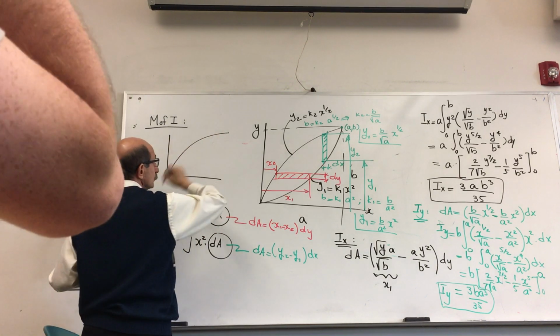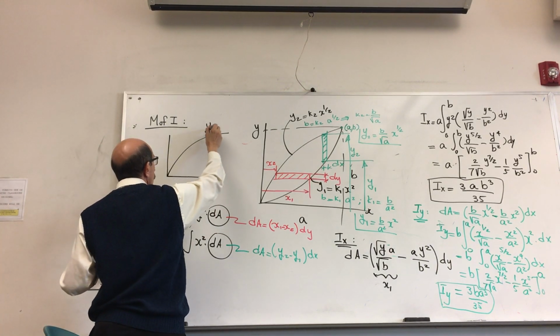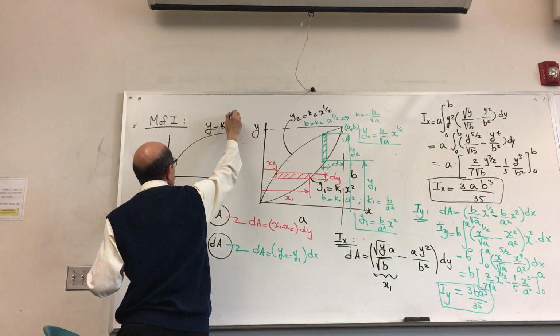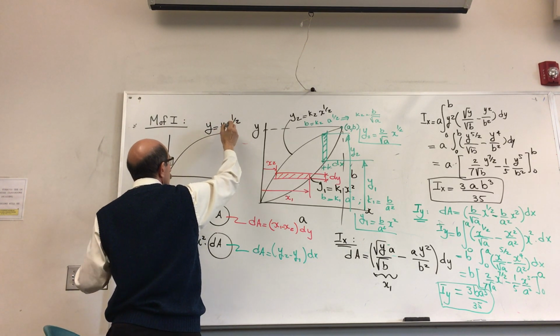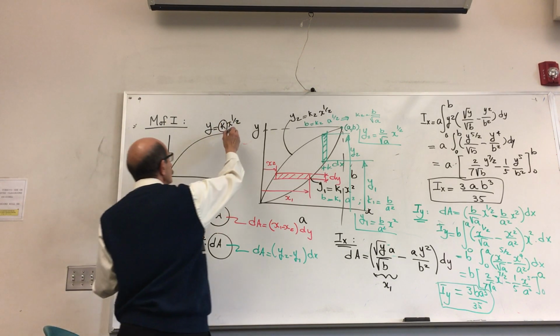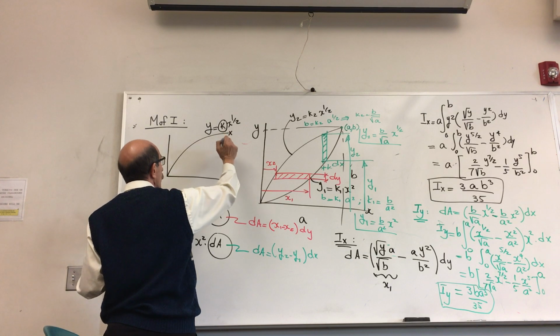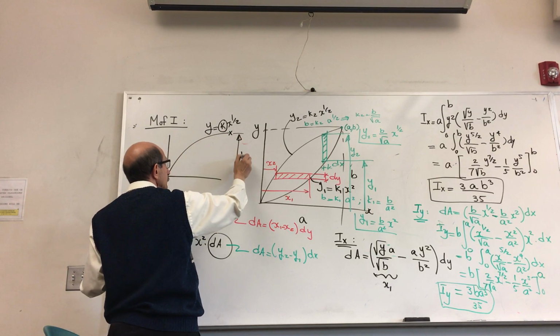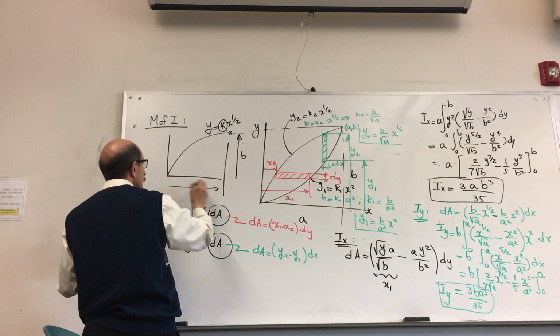Let me just start with this one. You have y equals k x to the one half. This k is unknown, but you do have the coordinates of one point on this curve, with y of b and x of a.